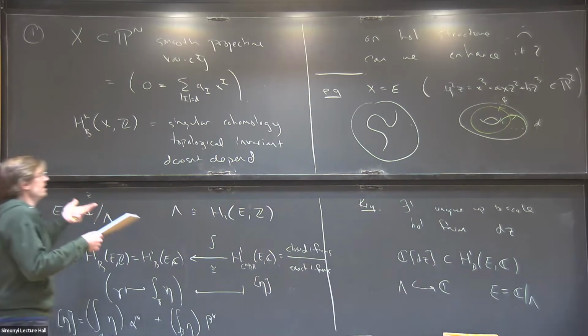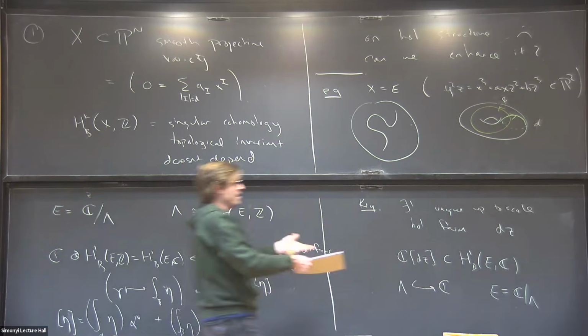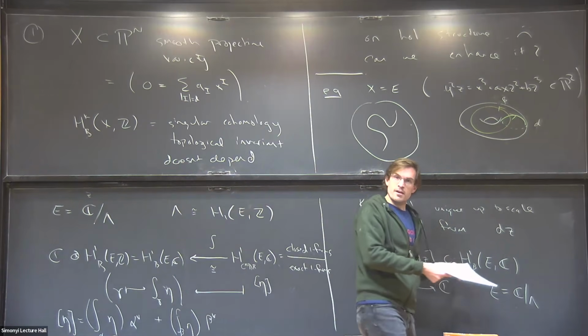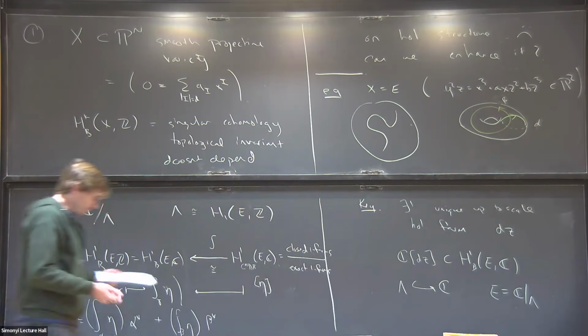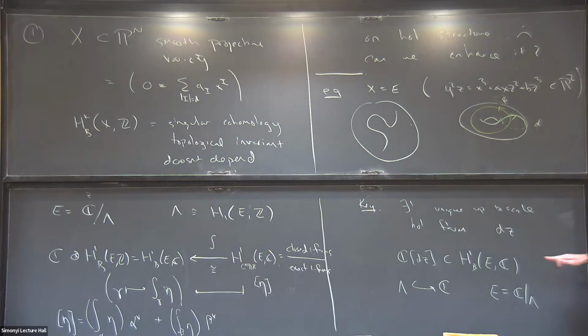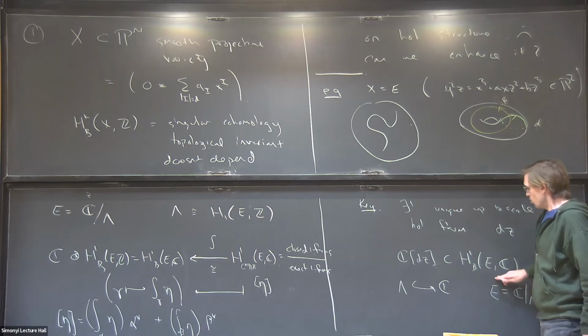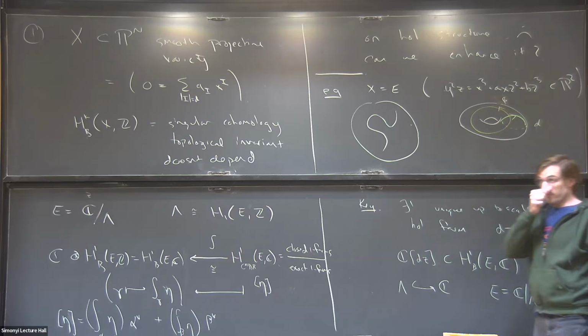So we've upgraded an invariant which doesn't depend at all on the complex structure to an invariant which is a complete invariant for the complex structure. Okay, so that's pretty good news. That's a hint that somehow we can get a lot of mileage out of understanding which de Rham cohomology classes come from holomorphic forms.